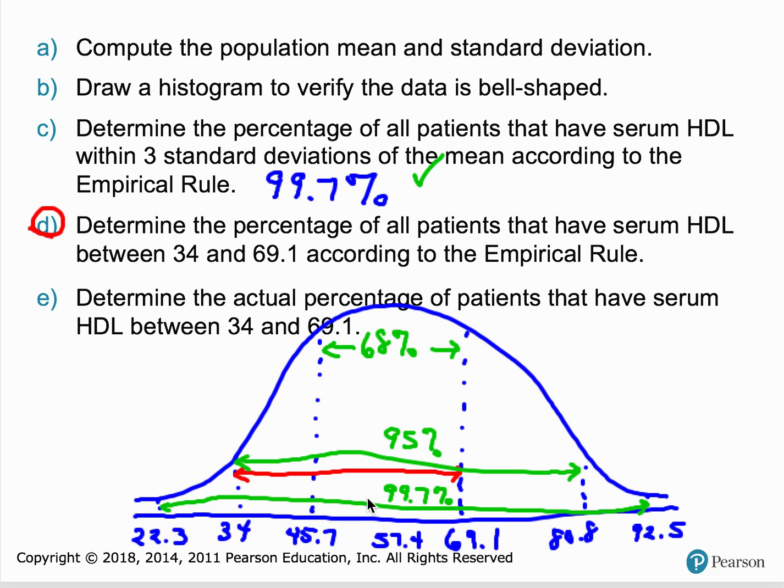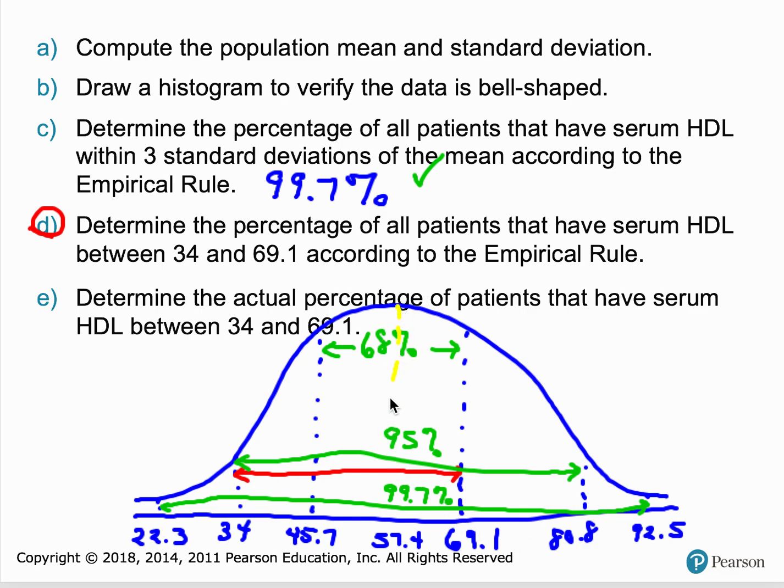Okay, so if this just said between 45.7 and 69.1, oh, I know it's 68. But I've got to do a little bit of calculating here, right? Because what I'm doing is I'm looking up each value, and wherever the arrow ends that I'm interested in, I've got to think about that. Okay, so in order to do this, let me use a different color, let's see if I can do yellow.